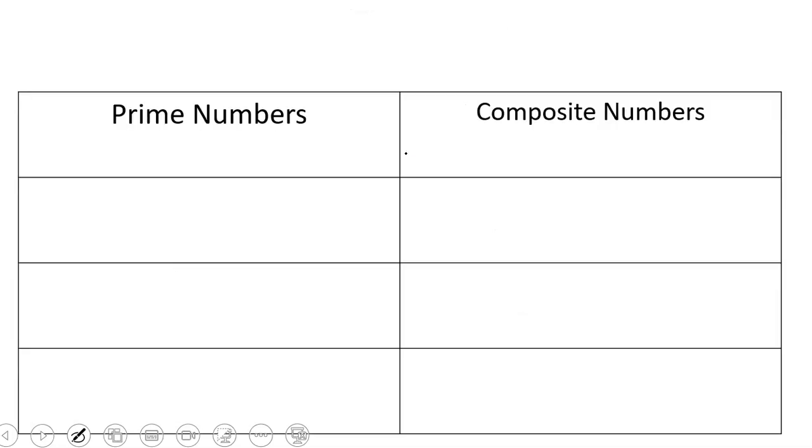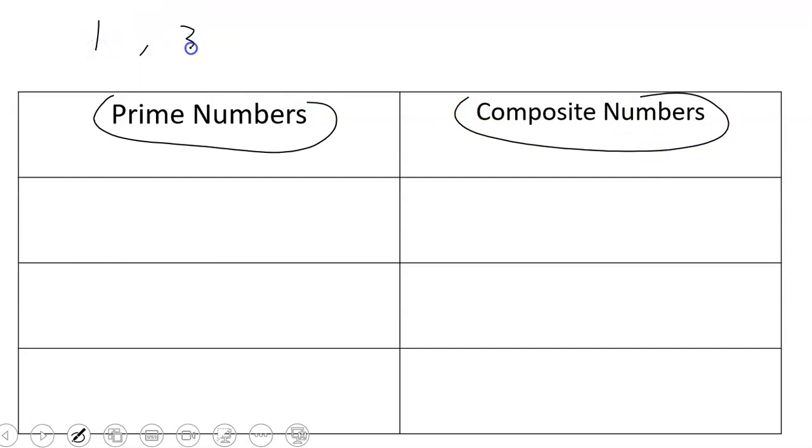Now let us try some numbers and we will sort them into the table. Prime numbers and composite numbers. I will show you. Let us choose 1, 3, 10, 7, 8, 2, 15.